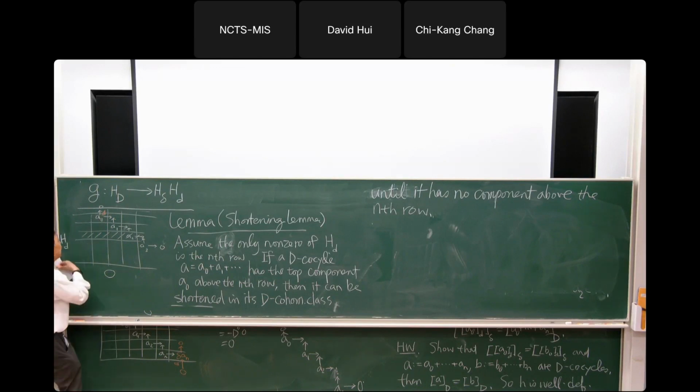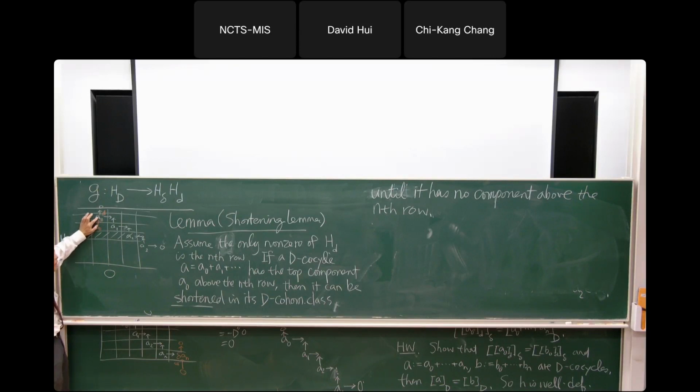So there has to be something here, B0, that maps to it. And now you just subtract big D of B0.